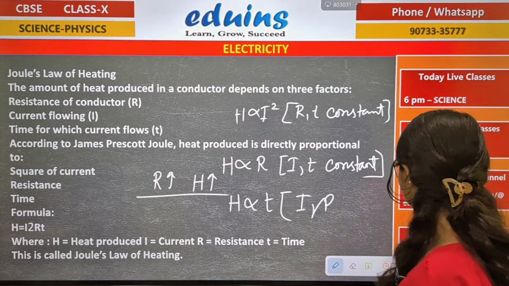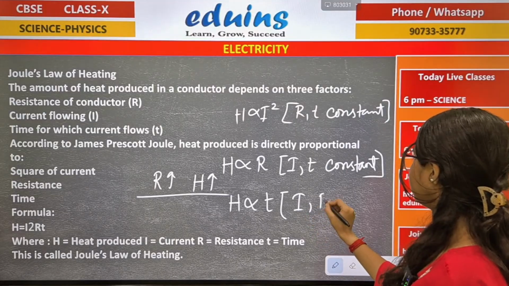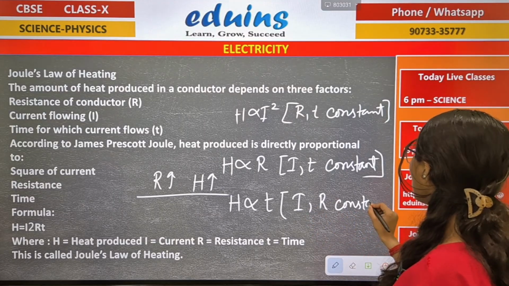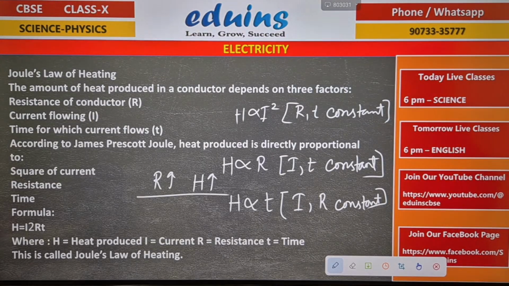For constant values of I and R, the generated heat is proportional to the time of the current flow.